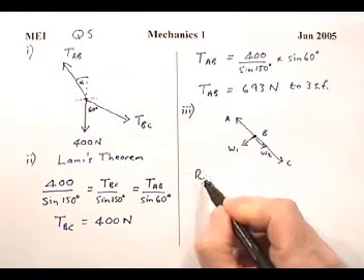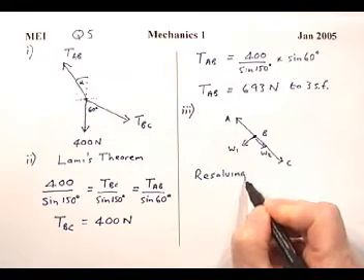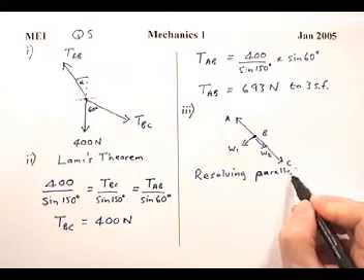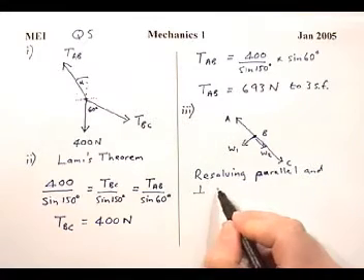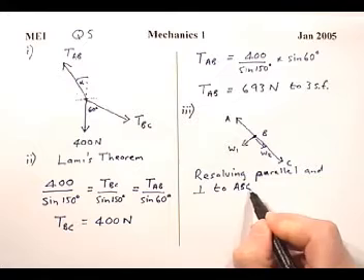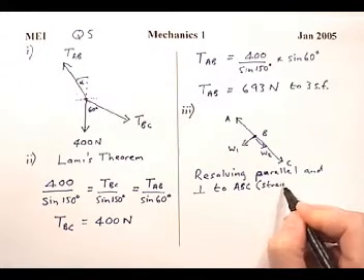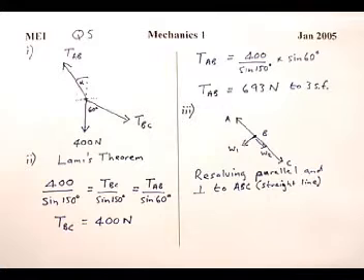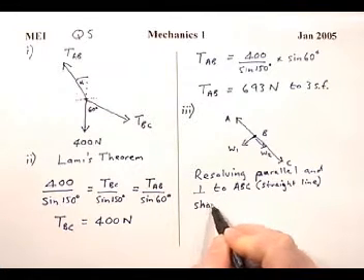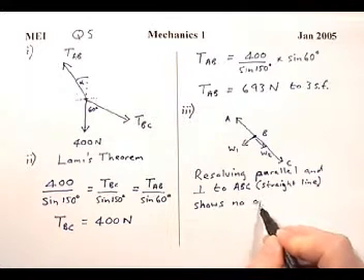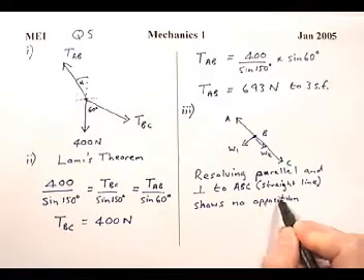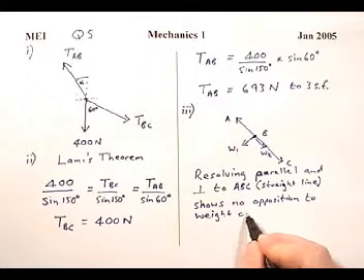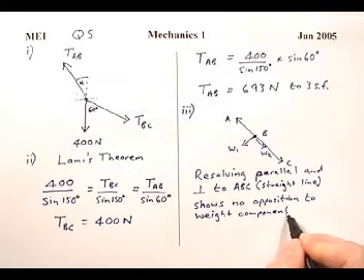So we can say resolving parallel and perpendicular to ABC, brackets better mentioned as a straight line, and it shows that there's no opposition to the weight component W1.